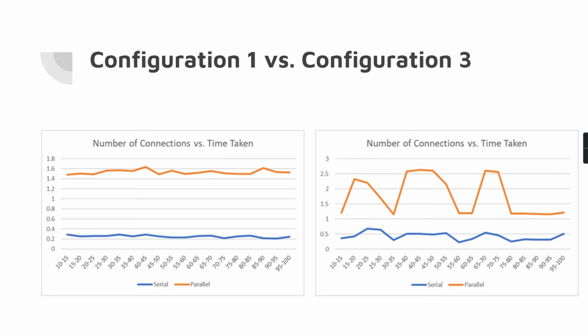Configuration 3 was a little closer for some of the connections, but for the most part was much slower. Each of these test files had 5,000 nodes, so there was some standardization in there, and they had a range of connections that they could have in increments of 5 all the way up to 100, starting from 10.